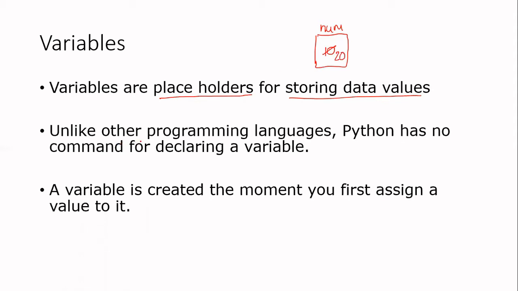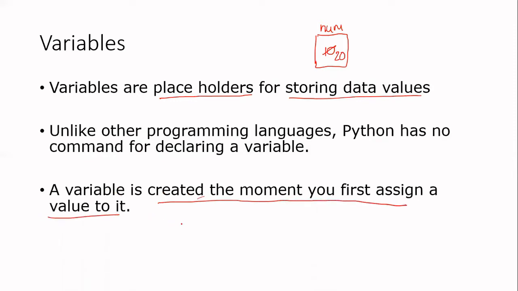In many of the other programming languages, variables are declared in a particular section. But in Python, this is not the case. A variable is created the moment you assign a value to it.